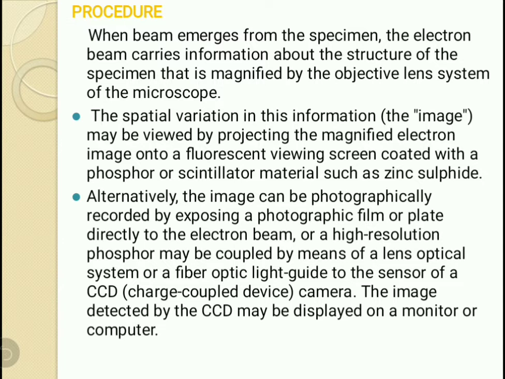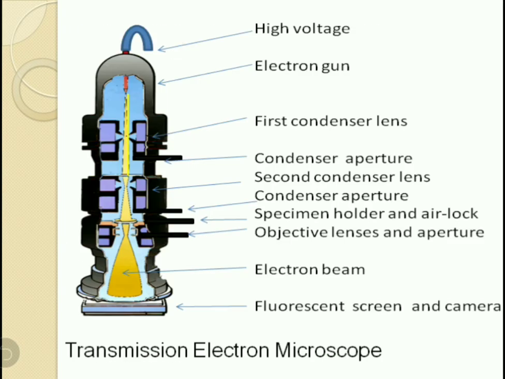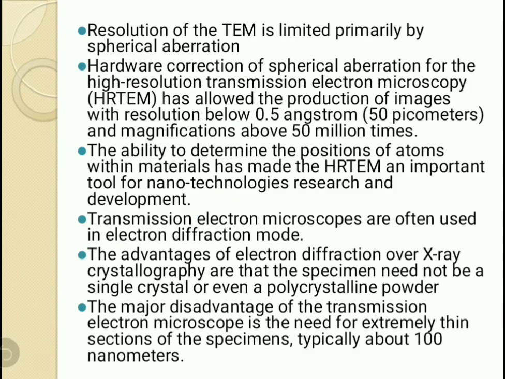Then variations in this information may be viewed by projecting the magnified electron image onto a fluorescent screen coated with a phosphor or scintillating material, that is zinc sulfide. Then what we can see here from the diagram itself, these are the fluorescent screen, so we can maximize the image.